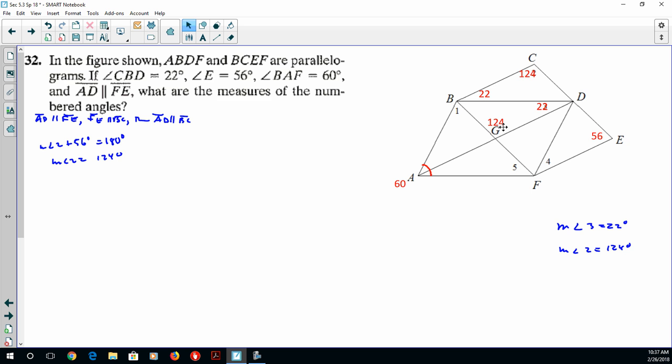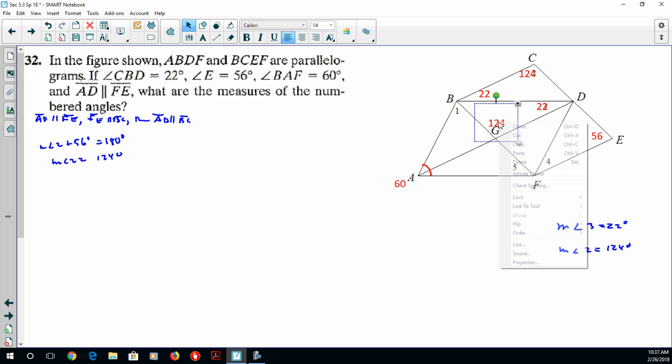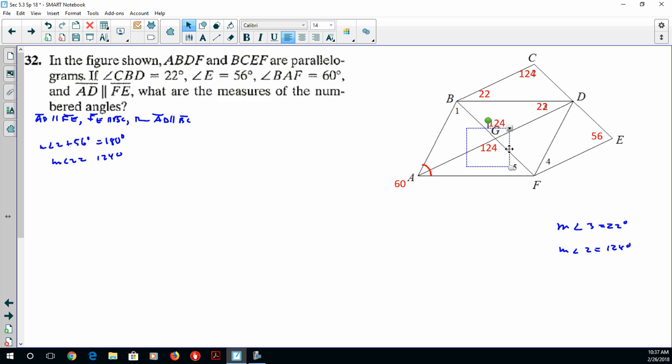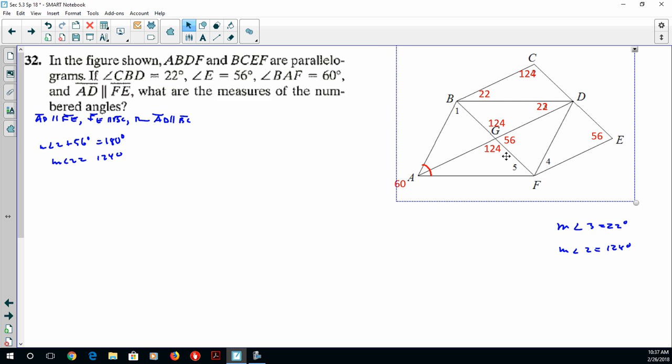And this is 56 degrees because this is a parallelogram here, DEFG, and opposite angles are congruent. And that's going to be 56 degrees there because those two are vertical. I may not need all of this information, but I'm just going to put everything in here that I can.